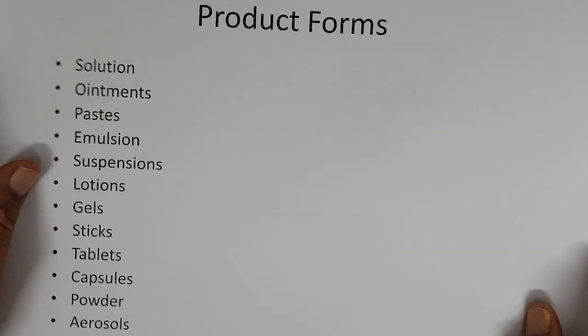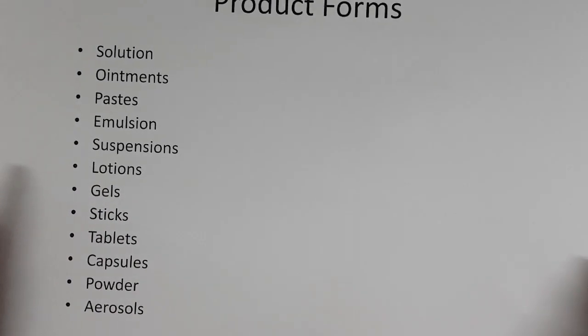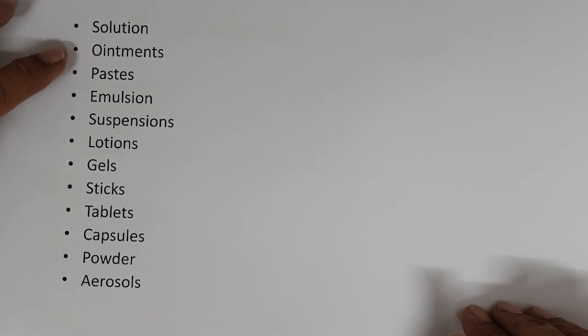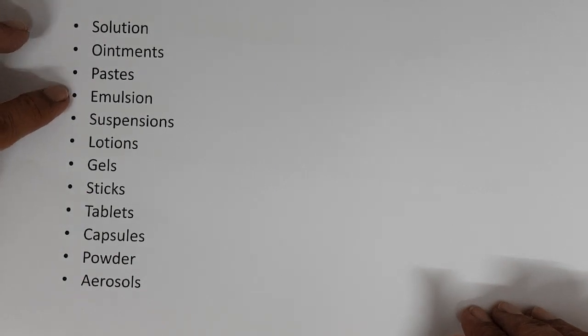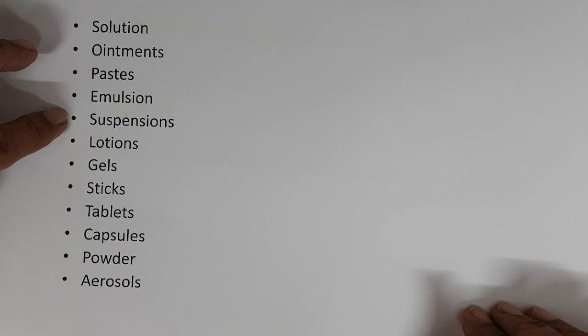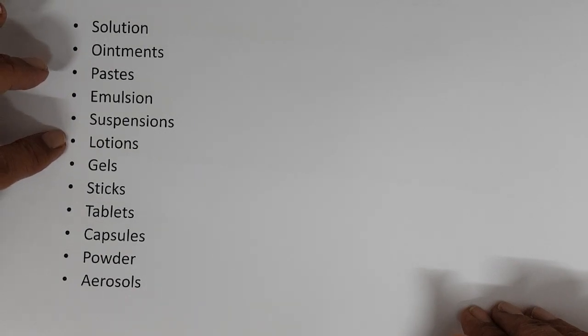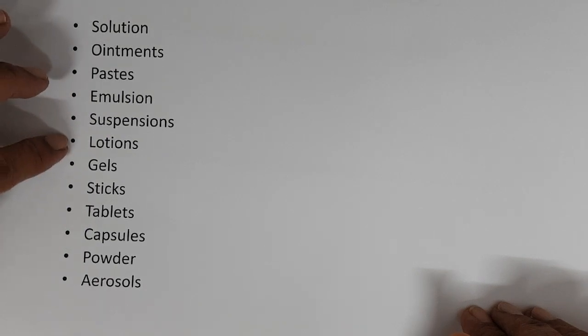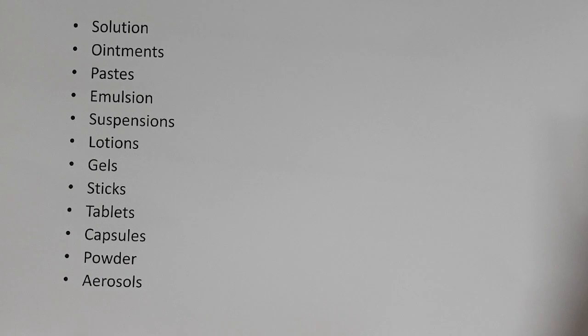What are the product forms we discussed? To revise: solutions, ointments, paste, emulsions, suspensions, lotions. Lotions we discussed. Lotions can be an emulsion or a suspension. It is between cream and lotion. Cream is a soft solid form.